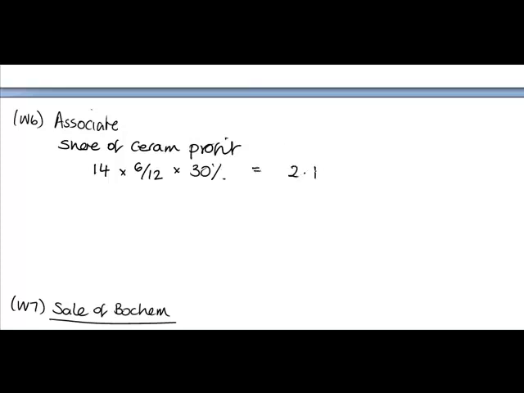And during that period, the group controlled 30% of the shares. So that gives us a figure of 2.1, but the NCI share is 30% of that. It's 0.6.